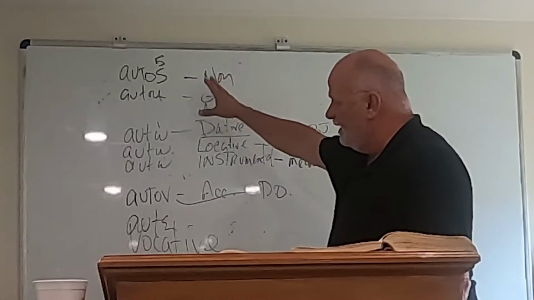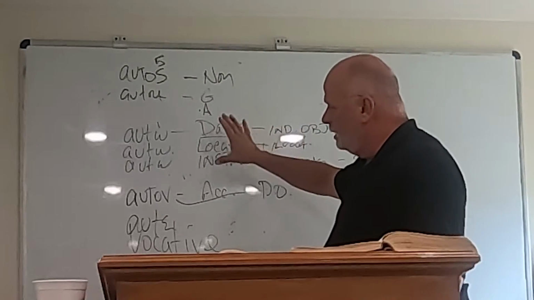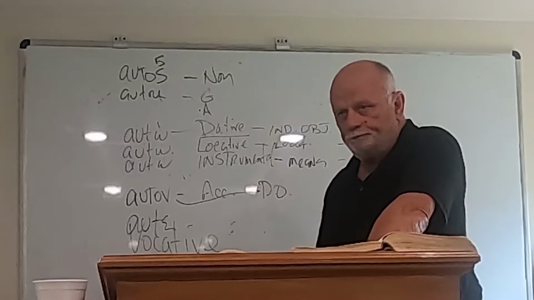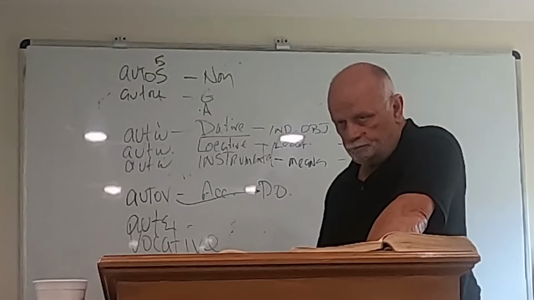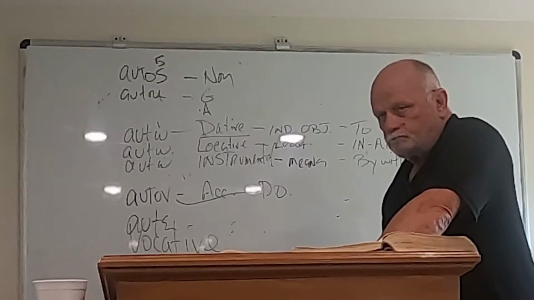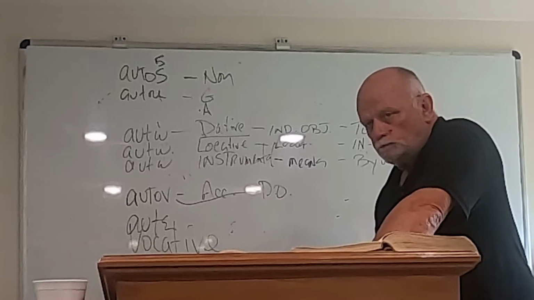You've got 5 forms, and under that dative form, there are 3 functions. Dative, locative, or instrumental. Think about where you say to grace or by grace. You have a choice between those 3.